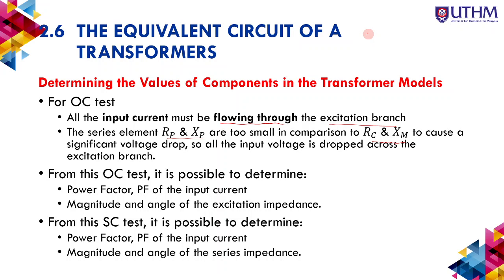For example, in this circuit, we supply the voltage, and then we have the resistor, and then the excitation branch. By default this voltage will be less.